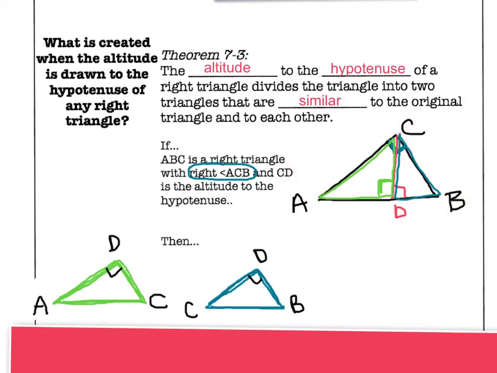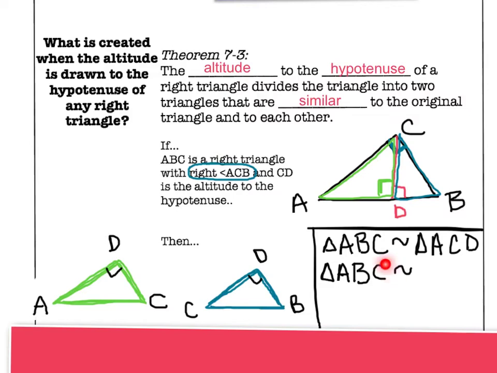Triangle ABC is similar to ACD, and triangle ABC is similar to triangle CBD, and then also we can compare ACD and make it similar to CBD.